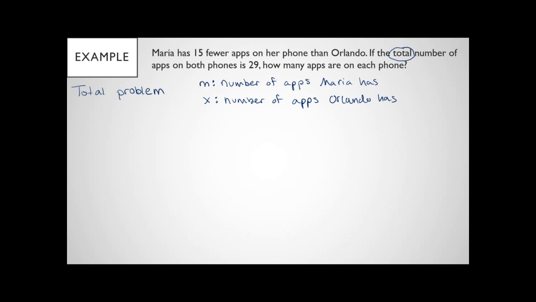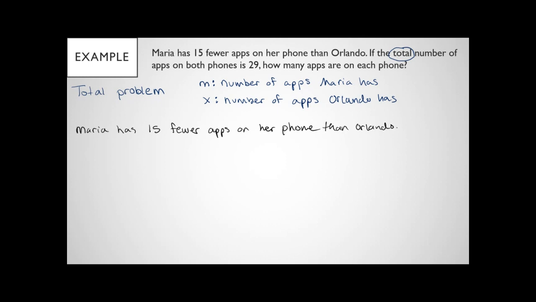So I identified, okay, it's going to be a total, and I've got some variables. So I'm going to read through this a second time, and I'm going to try to translate these. So I'm going to rewrite my sentences here. Maria has 15 fewer apps on her phone than Orlando.